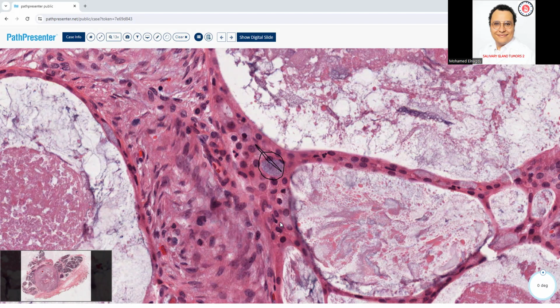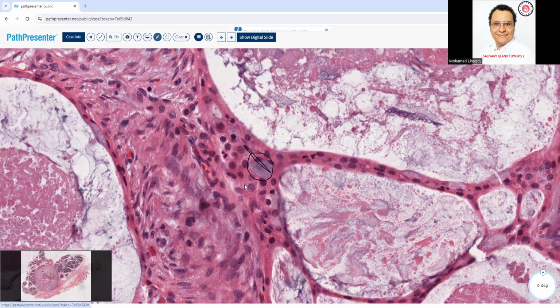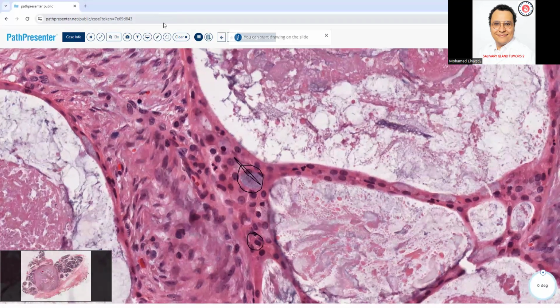What about this cell? Or these cells? Do they look mucus? They do not. They look epithelial cells.